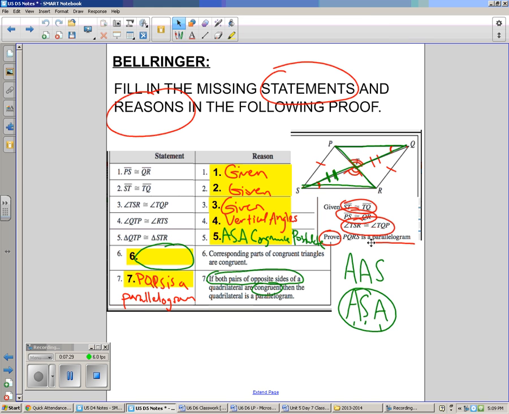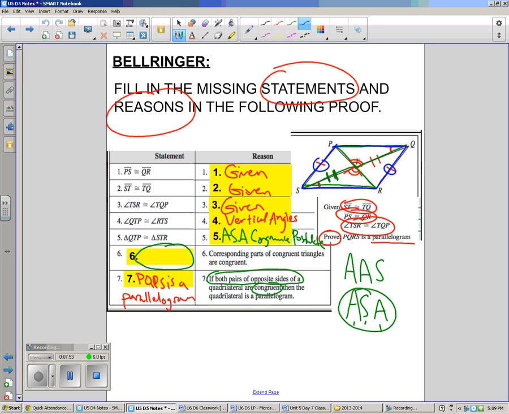Well, let's look at my quadrilateral PQRS. Now I'm thinking to myself, do I have both pairs of opposite sides marked as congruent? And I'm looking at the tick marks, and it looks like I just have PS is congruent to QR. I don't have that both pairs are congruent to each other.